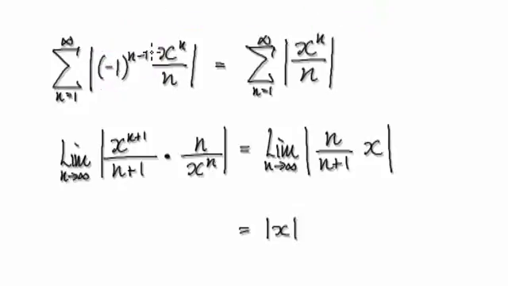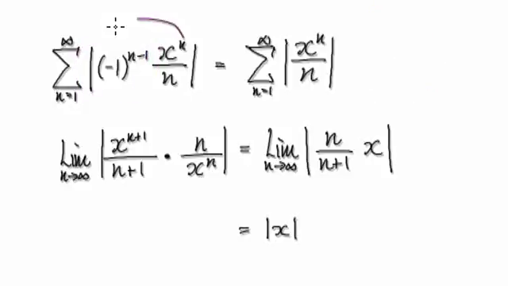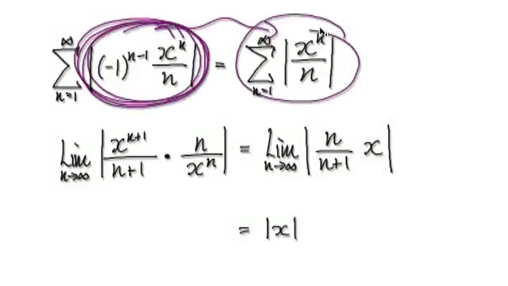When you take the absolute value, you can consider this as the number 1, because the absolute value of -1 is still 1, and the absolute value of 1 is still 1. So you can consider the whole thing as this.